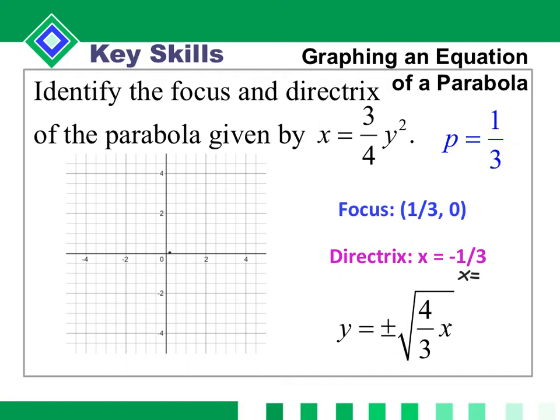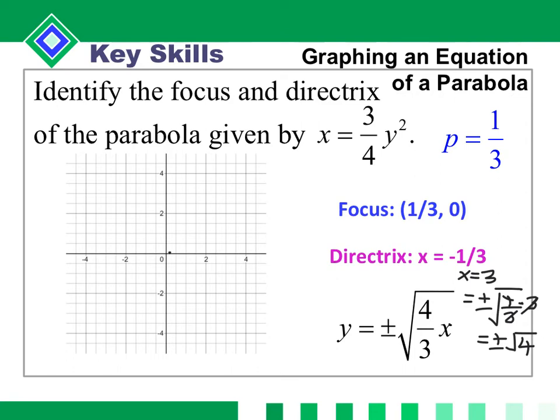If I plug in 3 for x, then what do I get? Plus or minus square root of 4 times 4 over 3 times 3. See, that will be gone.